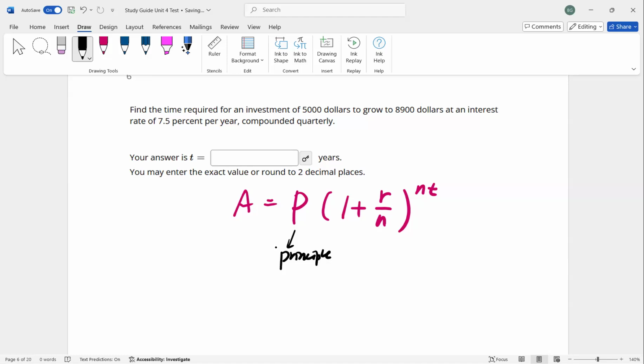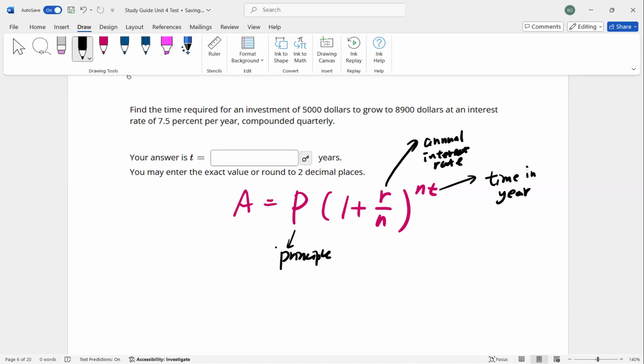And r is the annual interest rate. t is time in years, very important, time in years. If you do 18 months, t is 1.5 because 18 months is 1.5 years. So t has to be in years.